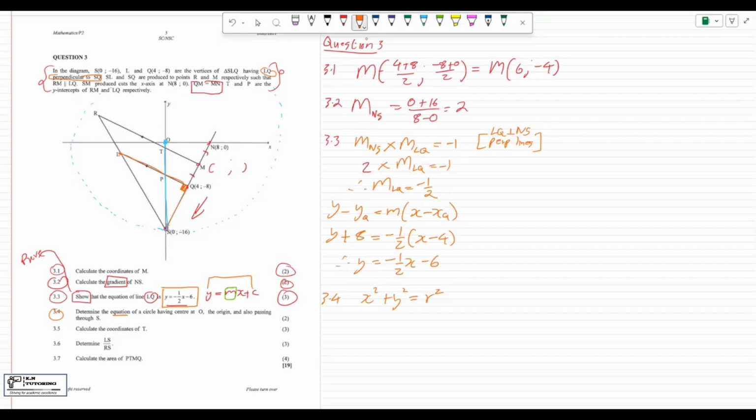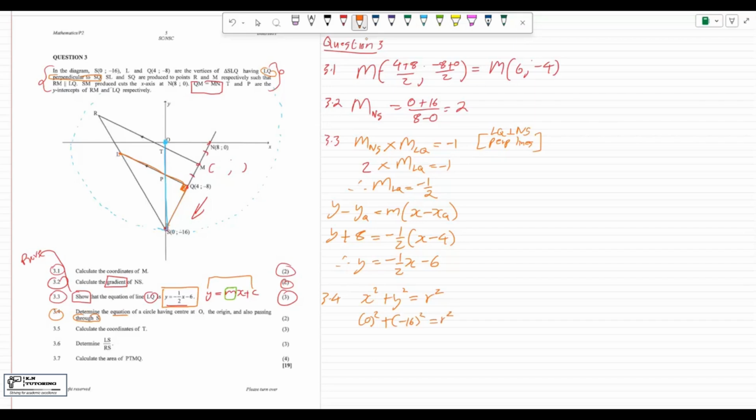Now I need to find my r squared. For me to find my radius, I need to find a point where that circle passes. And they told me that this circle passes through point S. So I'm going to substitute the coordinates of S. My x value there is 0 squared plus my y value is -16 squared.